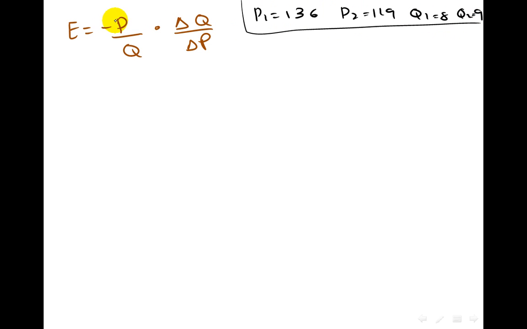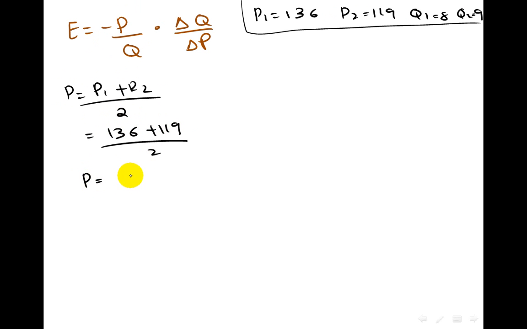Once you plug in P, I don't know whether to plug in P1 or P2. And when I say Q here, which one am I supposed to plug in, Q1 or Q2? So that's the question. To find the price, you're supposed to find the average. To find P, you do P1 plus P2 divided by 2, which is 136 plus 119 over 2. So your P is going to be 127.5.